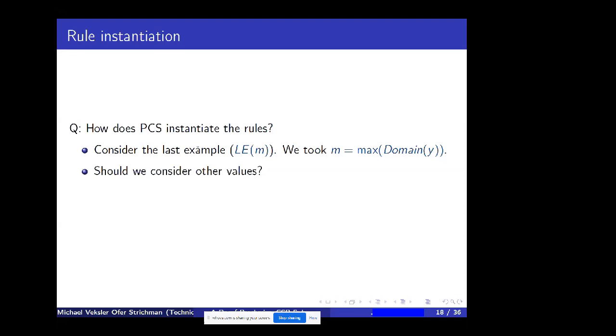And perhaps a hint to what I'm going to talk about a little bit later, we have some freedom in choosing those values. In fact, we can make a stronger inference and learn stronger facts by playing with these constants. We're going to talk about this a little bit later, provided there is time.